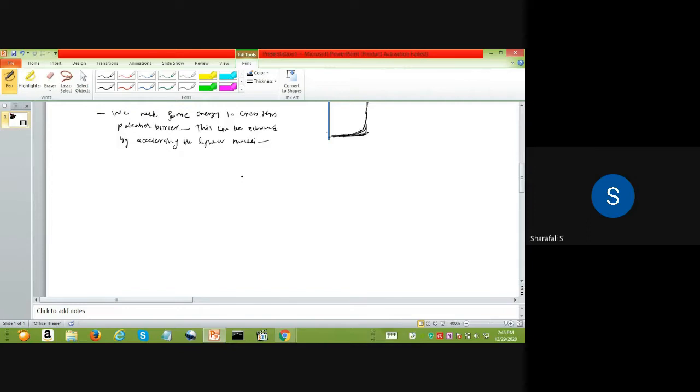Then it requires more energy to accelerate the particles inside.